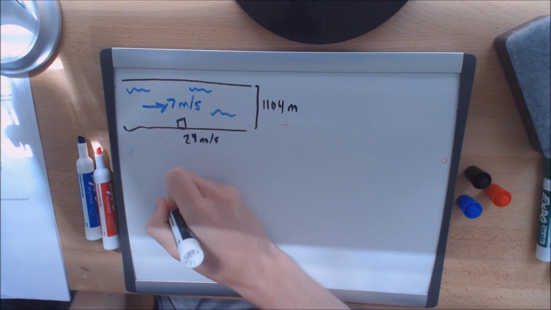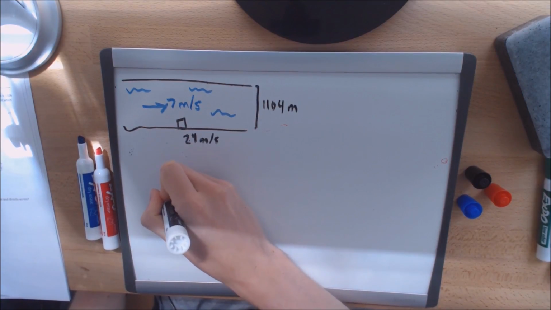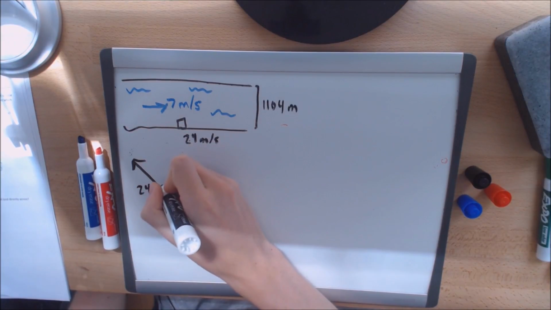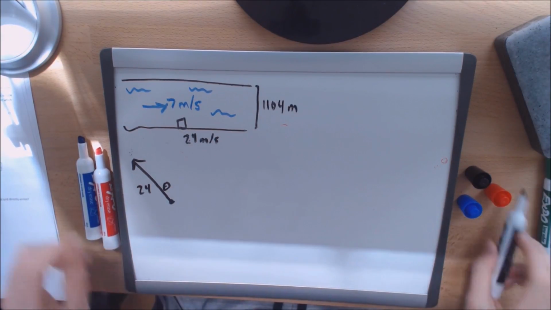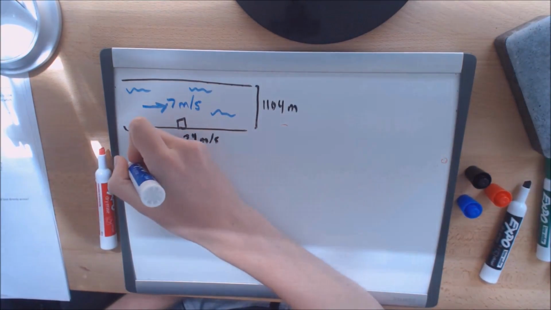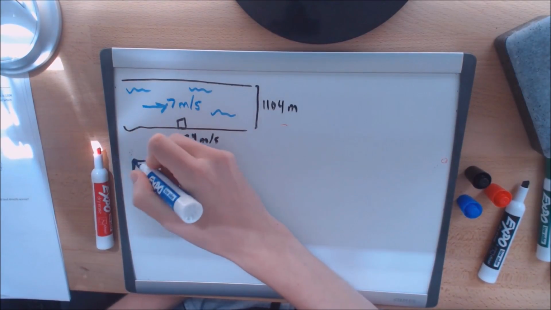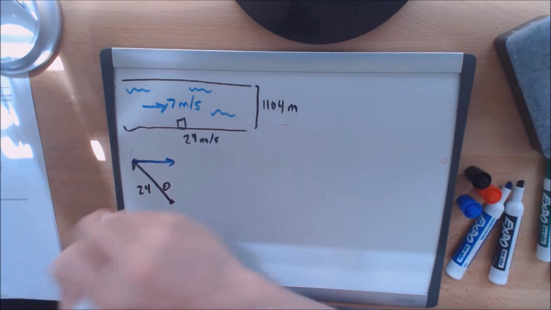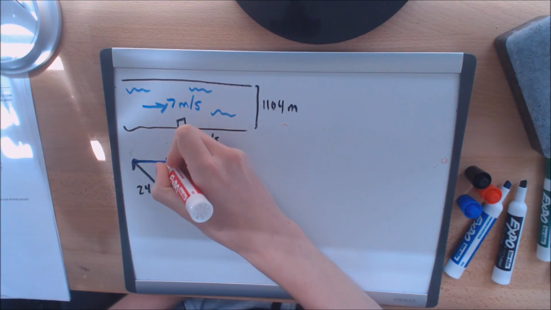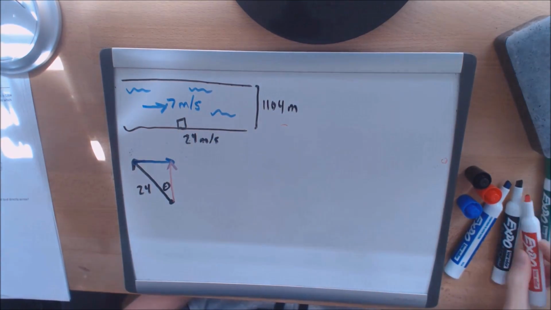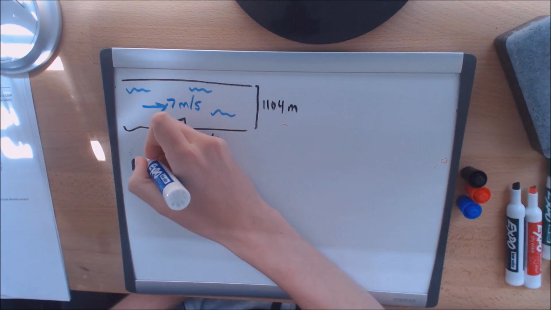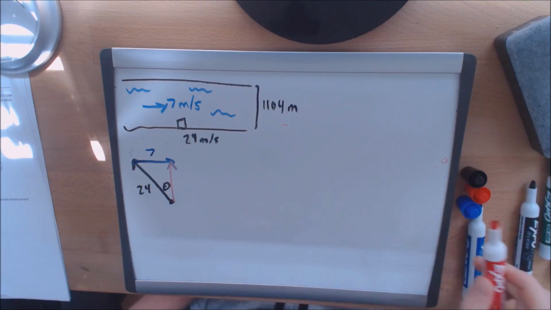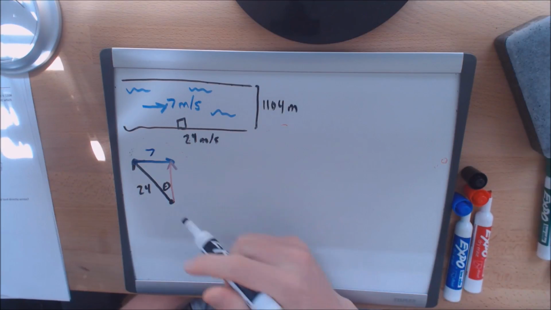So our boat, we're pointing it out some angle. We don't know what that angle is. That's what we're trying to find out. And then our current is constant at 7, which makes our combined vector end up being straight across. So this blue vector is a 7. We want to find the theta. So we need to relate these two sides.